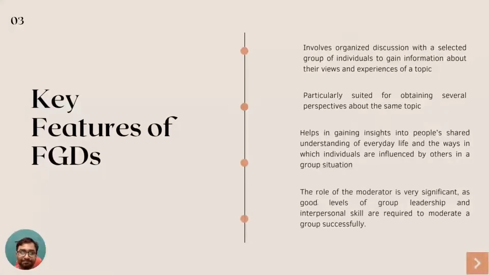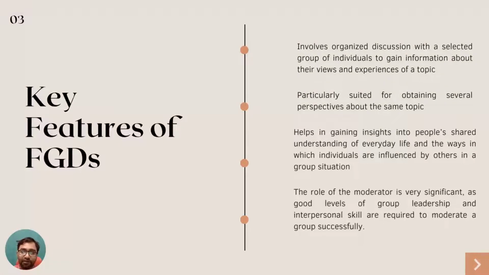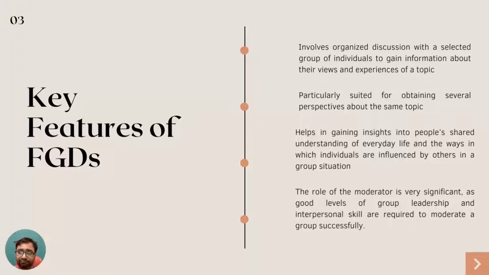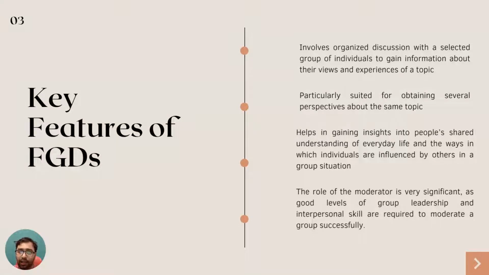And next, what are the main key features of FGD? The first point is that it involves an organized discussion with a selected group of individuals to gain information about their views and experiences of a topic. It is particularly suited to obtaining several perspectives about the same topic, and helps in gaining insight into people's shared understanding of everyday life and the way in which individuals are influenced by other group situations.